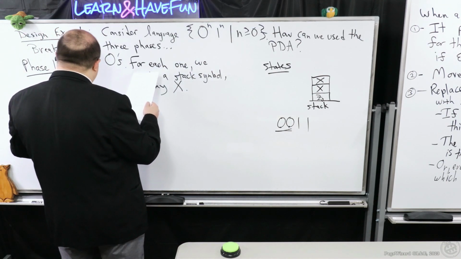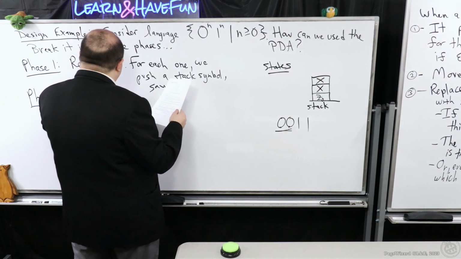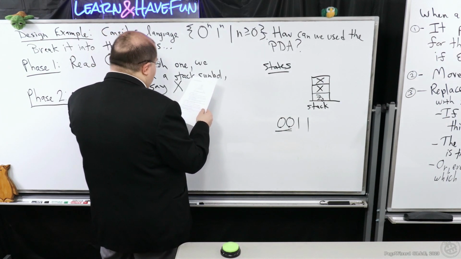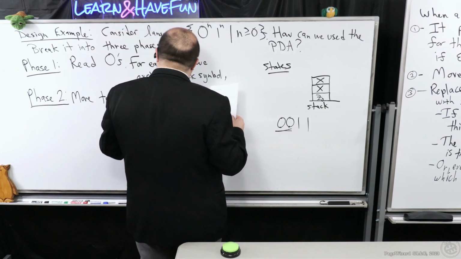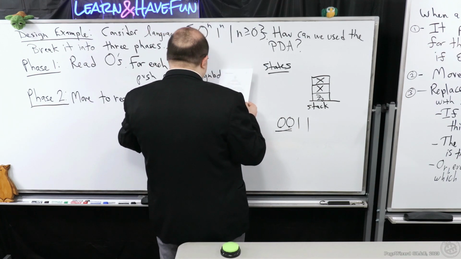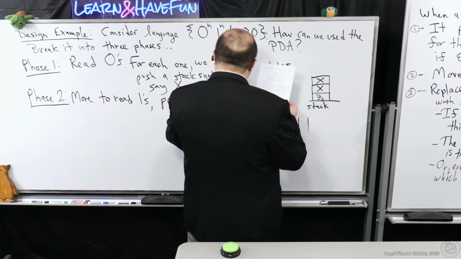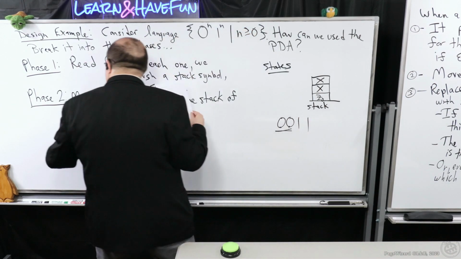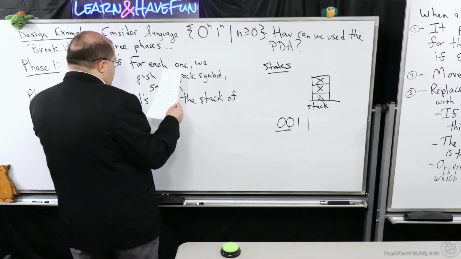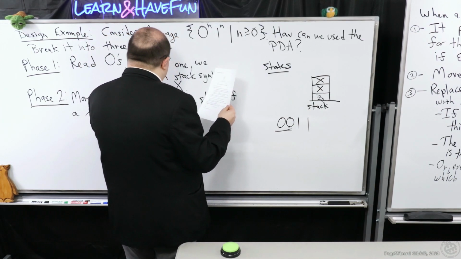That's what phase 2 is going to do. So we're going to move to read ones, and then we're going to pop an X off the stack for each one read.